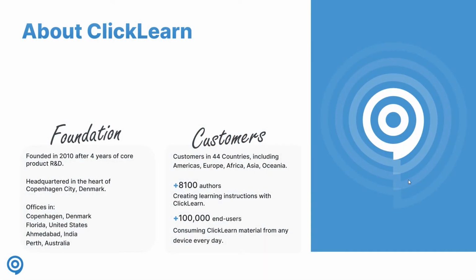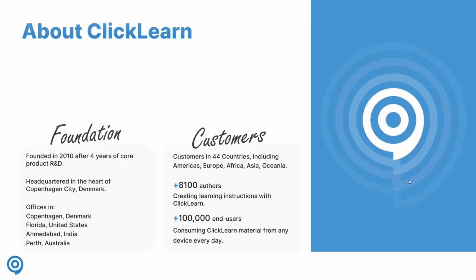So ClickLearn was founded back in 2010 with the mission of creating training materials and delivering user adoption across all your business applications. We are today located with a headquarter in Copenhagen, Denmark. We also have offices in Florida, United States, Ahmedabad, India, and Perth, Australia.